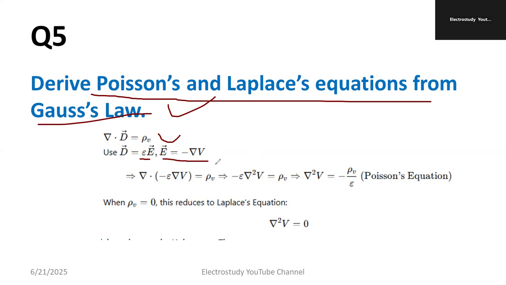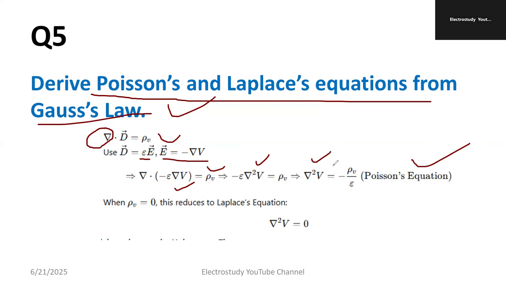minus del V. By substituting here, you keep the del as it is, and instead of D you replace the term. So it becomes like this. Ultimately, the result is equal to minus epsilon del square V. Then we can write del square V is equal to minus rho V by epsilon. This is called Poisson's equation.